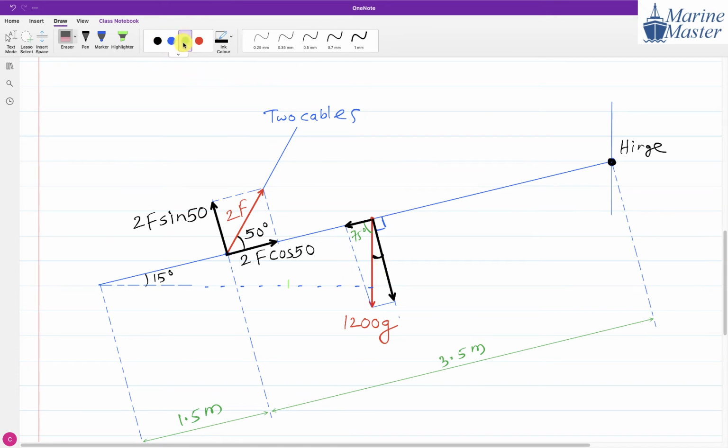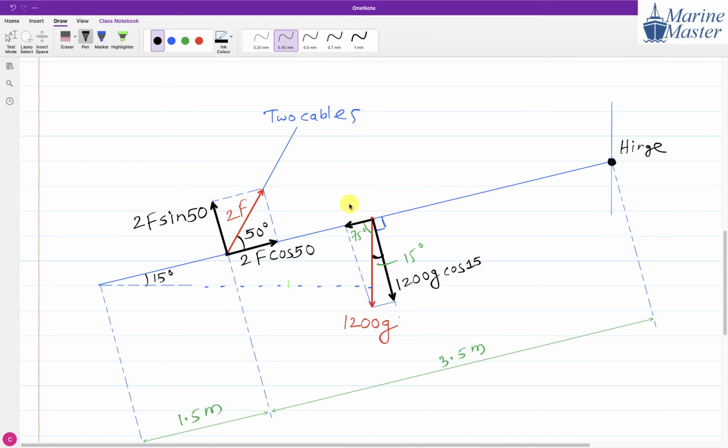So, and this angle is how much? We have 15 degree. So what will this component become? 1200 G cos 15 degrees.